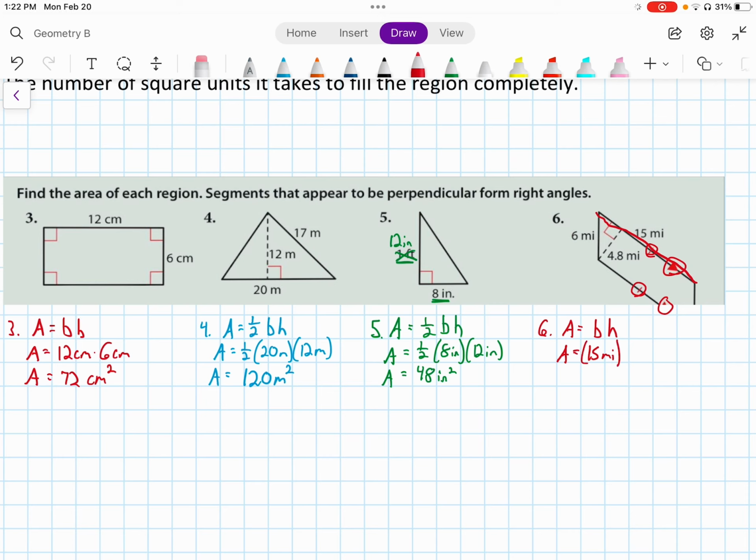That's the 4.8 miles. And so we need to multiply those. 4.8 times 15. And we get that is 72 miles squared.